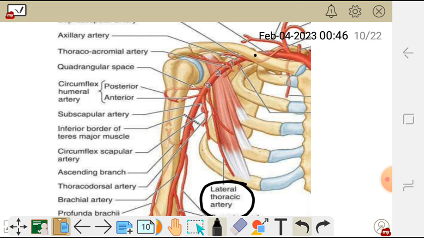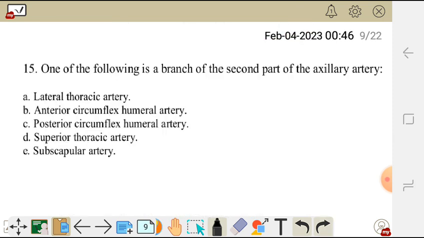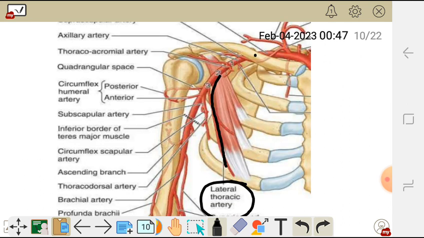This one here also arises from the second part, and the third part gives rise to the posterior and anterior circumflex humeral arteries. So the branches of the second part of the axillary artery are simply the lateral thoracic artery and the thoracoacromial artery, as we have seen in this diagram here.